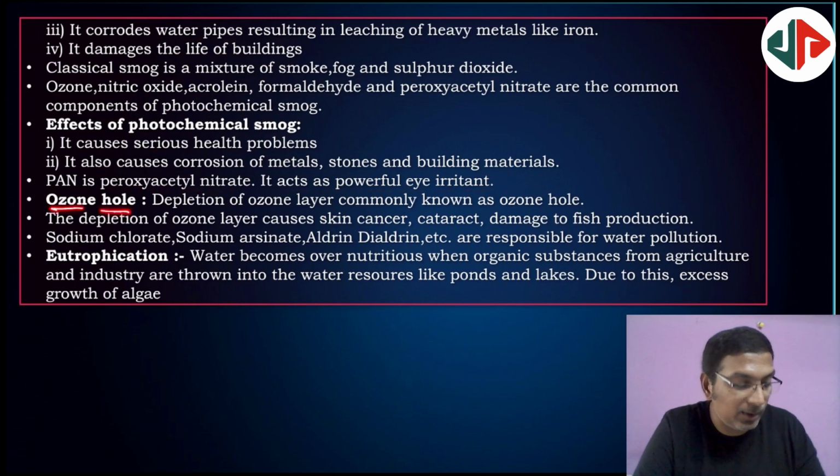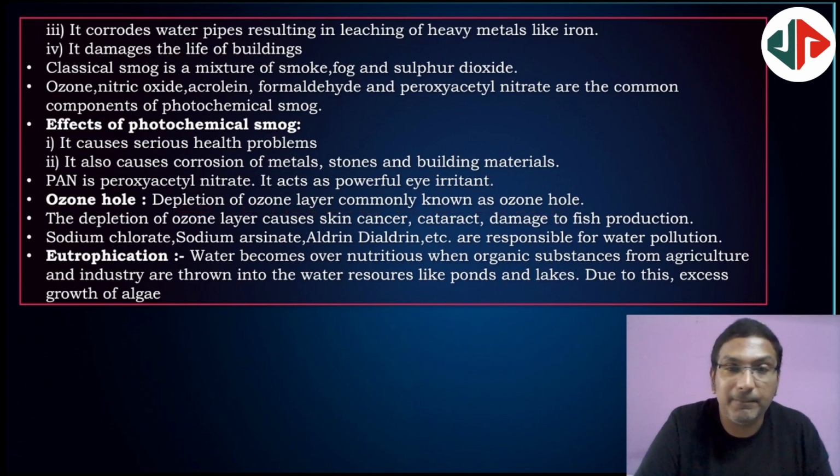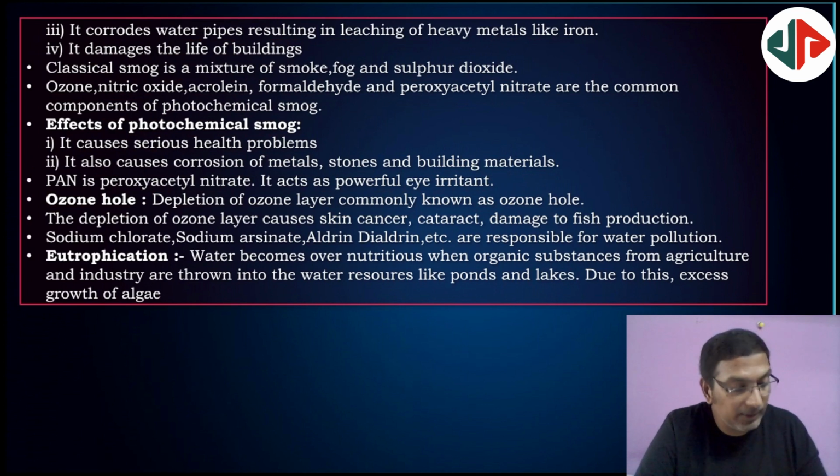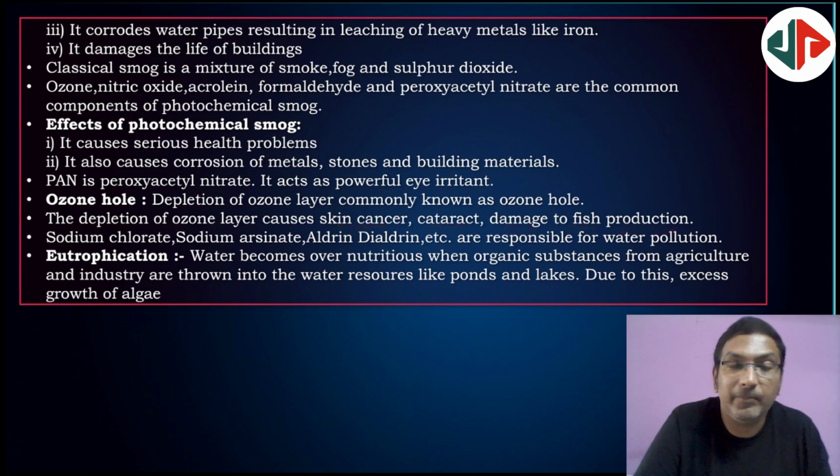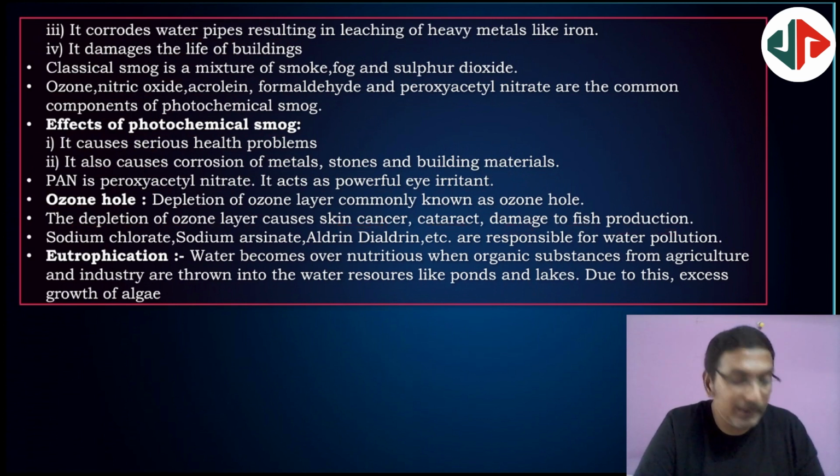Next, ozone hole. Depletion of the ozone layer is commonly known as ozone hole depletion. Here O3 will be converted to O2. Next. Depletion of the ozone layer causes skin cancer, cataract, and damage to fish production. Next.